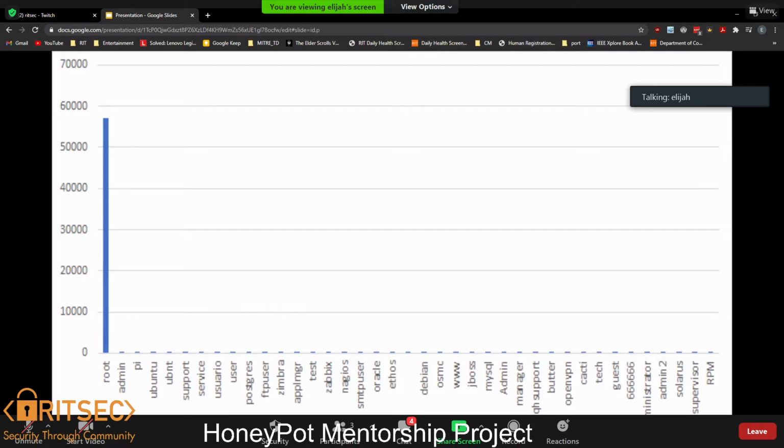As you can see, there are some obvious ones like admin, Ubuntu, Debian, MySQL, Oracle. All these are similar to default usernames for different services or just accounts. And default credentials is something I will get into later.